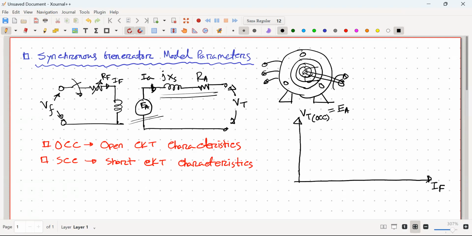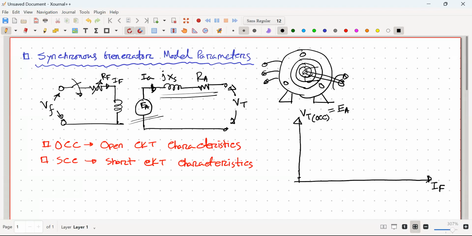There will be some small value. Why? Due to residual magnetism. It was supposed to start from 0, but in the practical case, it starts with a small value, and this is called residual magnetism. Due to the residual magnetism, that magnetic field will cut this wire, and eventually I'll get some induced EMF here. So that will be the value here.